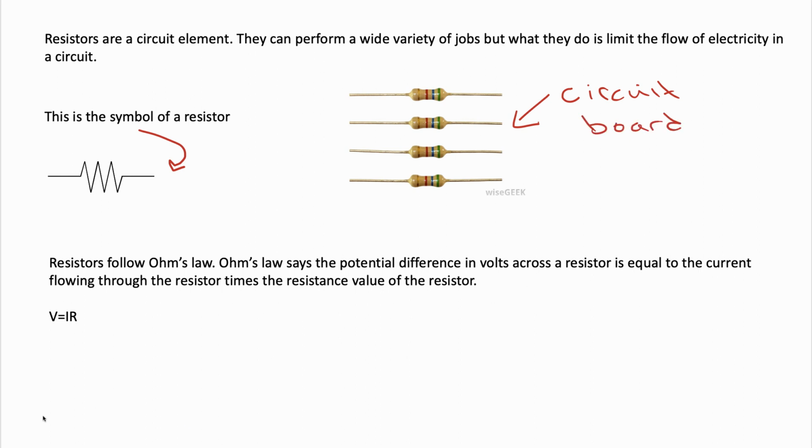The important thing is that resistors follow Ohm's law, and this is Ohm's law down here.